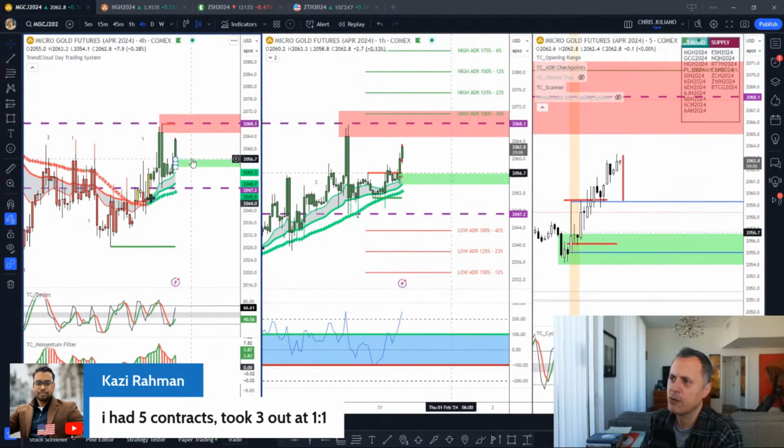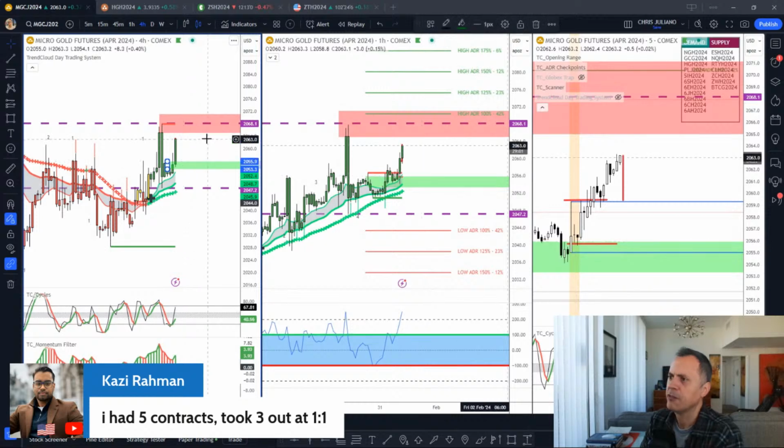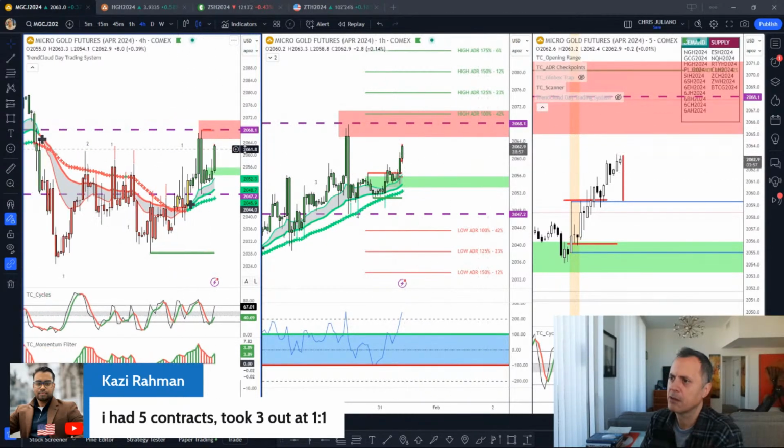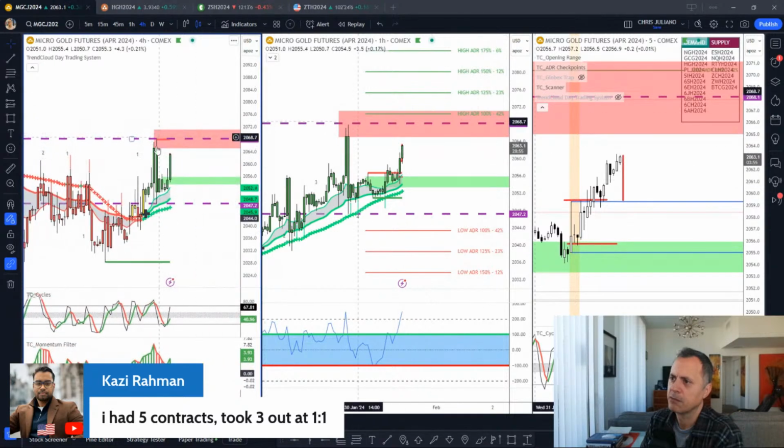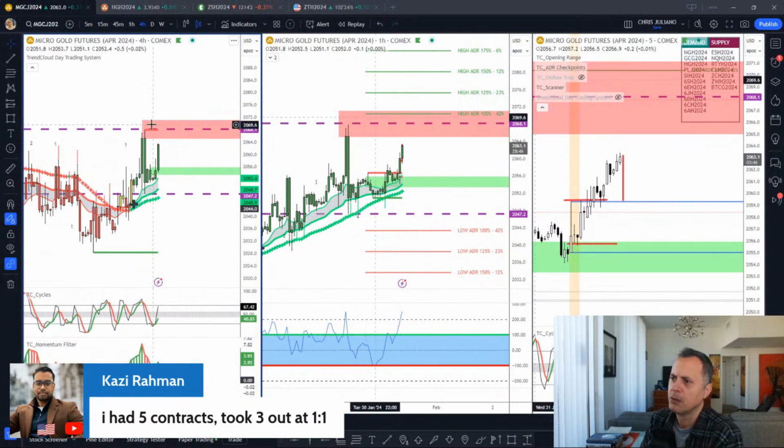breakthrough. But on the 4-hour chart, you can see that market edge. That's why I put that line there, that purple line on that swing.